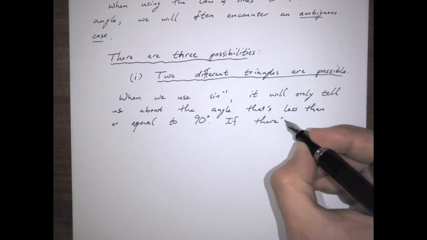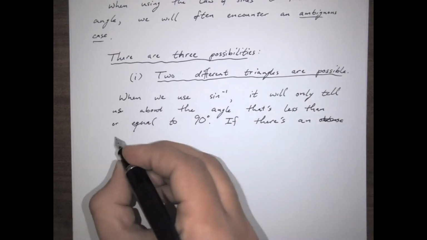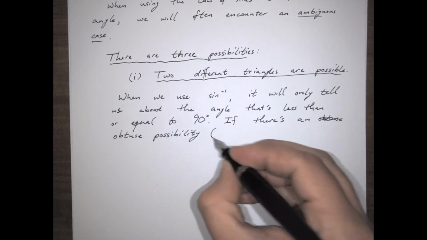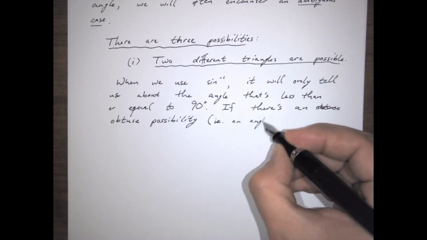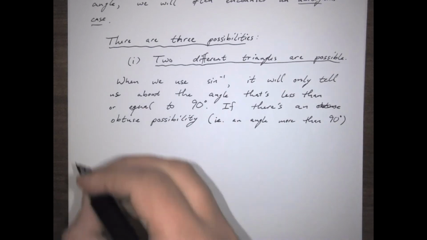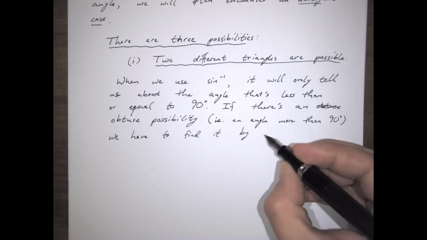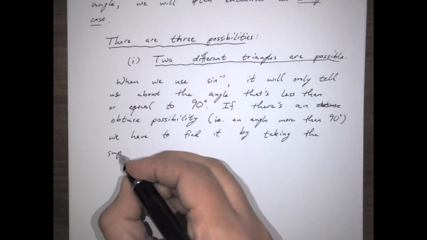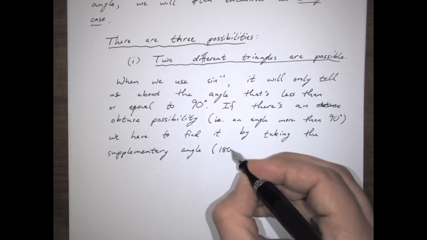If there's an obtuse possibility, an obtuse angle, and an obtuse angle means an angle that's more than 90 degrees, we have to find it ourselves by taking the supplementary angle. So that's 180 minus our angle.